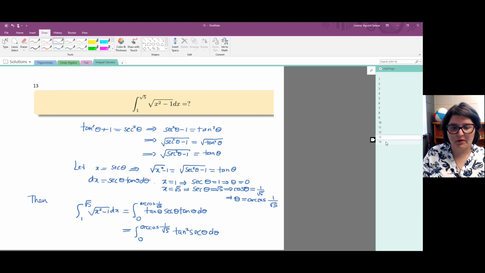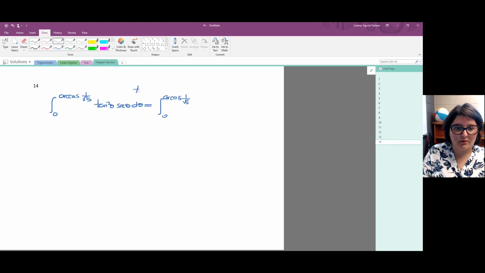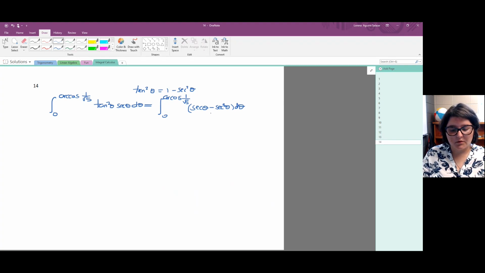So we are taking the integral of secant of theta times tangent squared, which gives secant cubed minus secant of theta, with respect to theta. And we know the antiderivative of secant from the chart of antiderivatives. The most general antiderivative of secant cubed is something we found in a different video. I will leave a link in the description of this one.